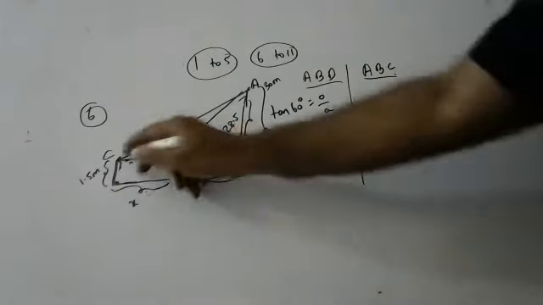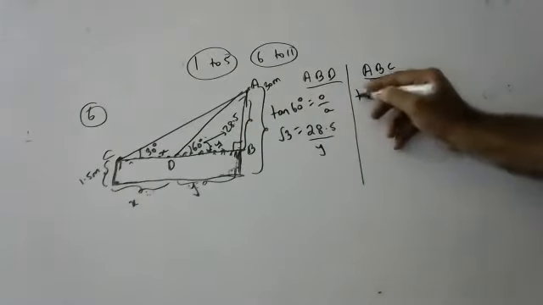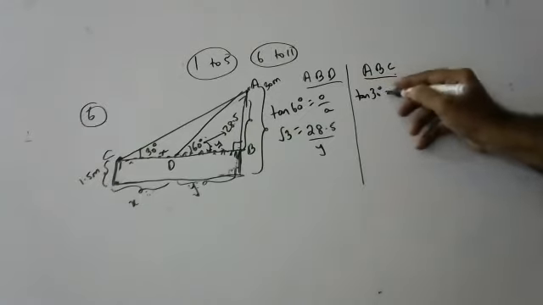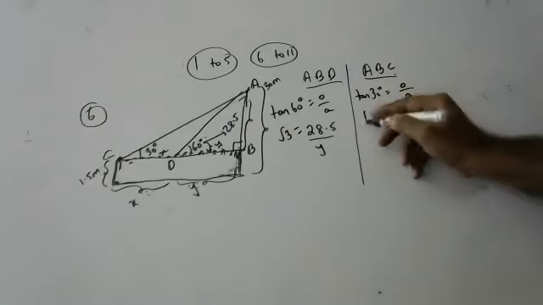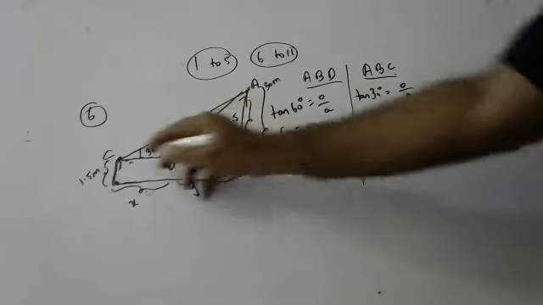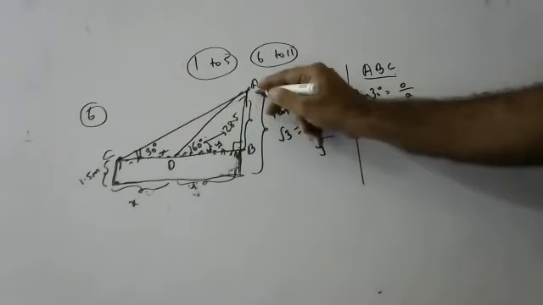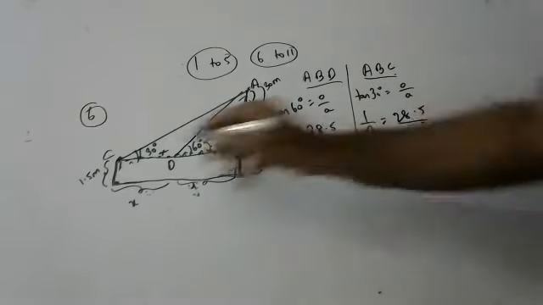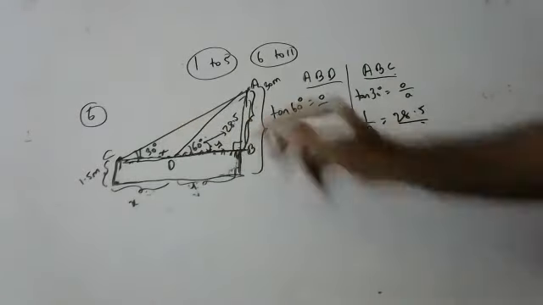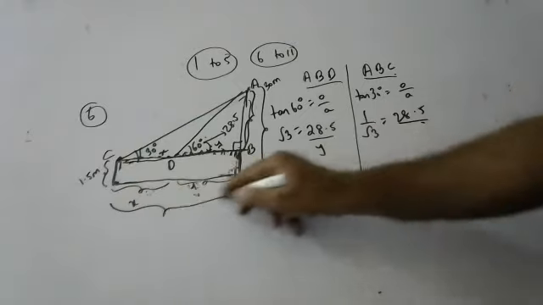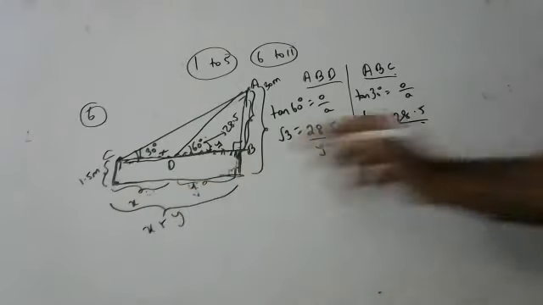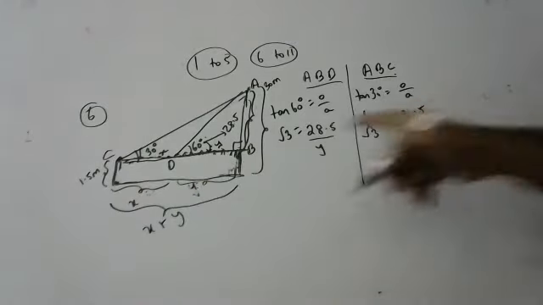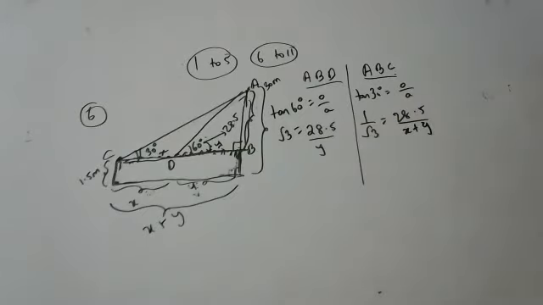Now, children, in the big triangle ABC, tan 30. Tan 30 is the same, opposite by adjacent. Tan 30 is 1 by root 3. What is opposite, children? 28.5. And what is adjacent? x plus y. Very good. Adjacent is still here, children: x plus y. If you can write these two equations, then it is over.